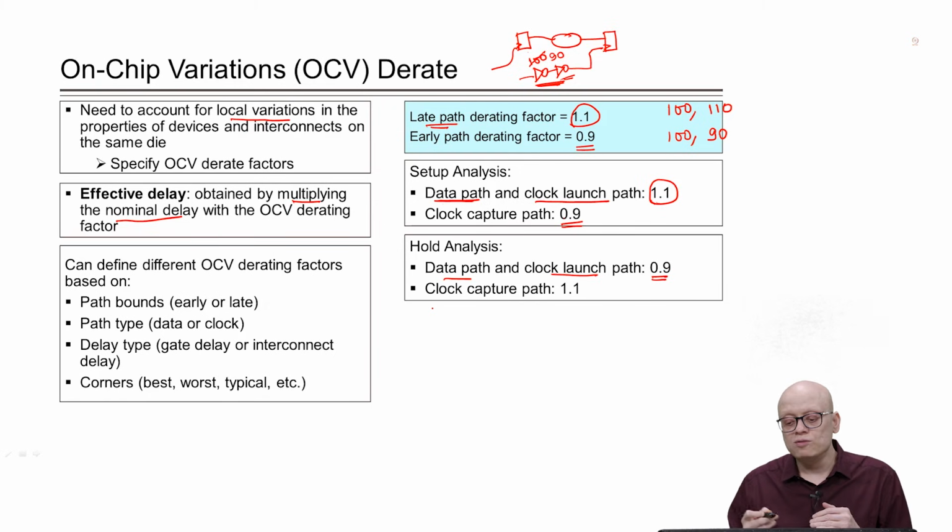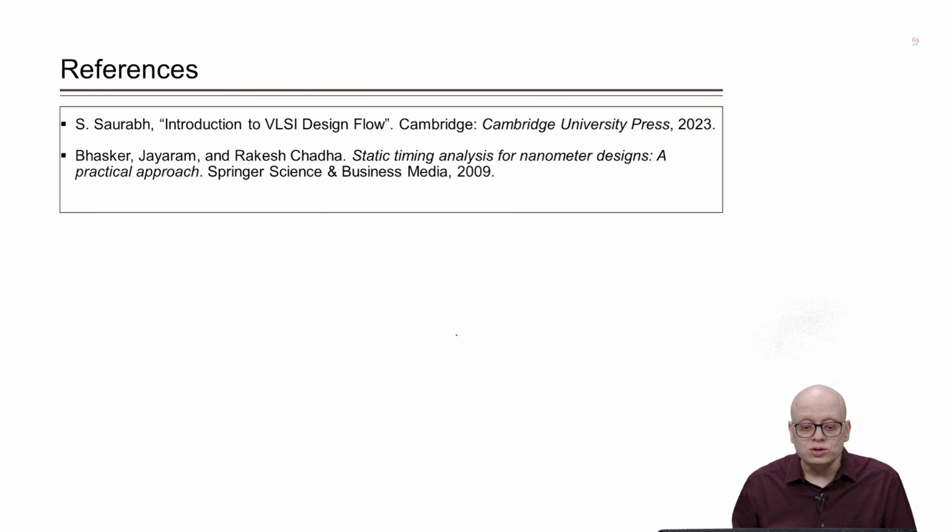So, for hold analysis, the data path becomes the early path, and therefore the derating factor of 0.9 is used. If you want to look more into these things, you can refer to the references that I have shown here. Now, to summarize what we have done in this lecture.